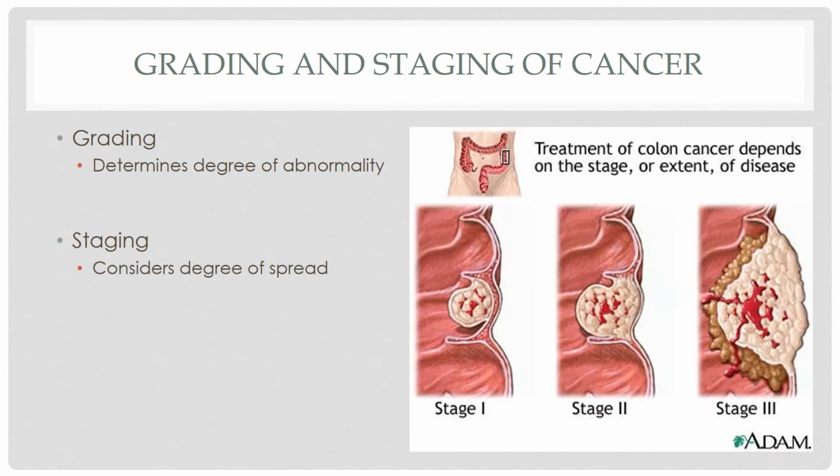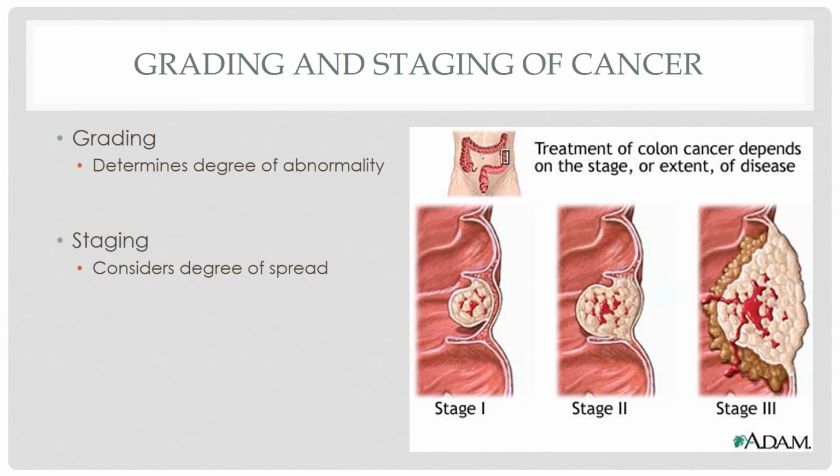The next concept is staging of the cancer, and staging determines the extent of spread of the neoplasm. We can determine staging from clinical examination, imaging studies, biopsies, and even surgical exploration with biopsies.